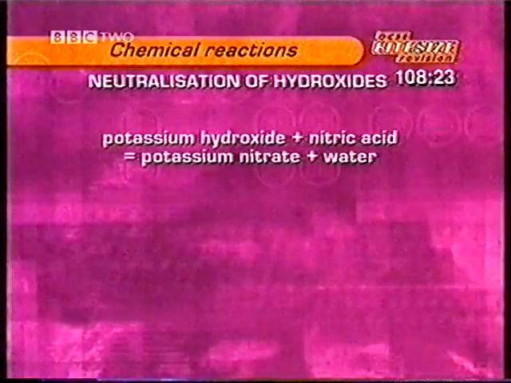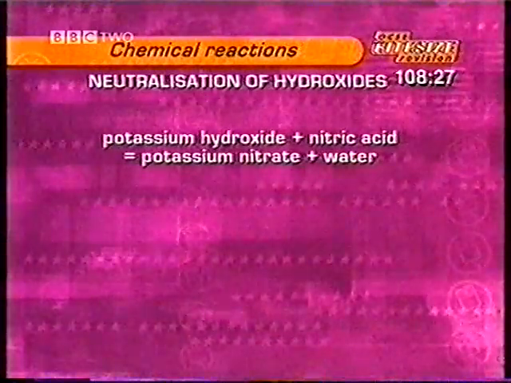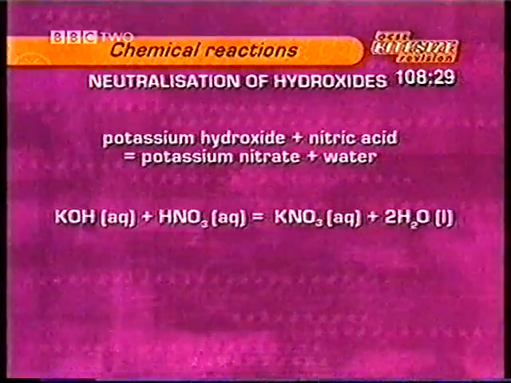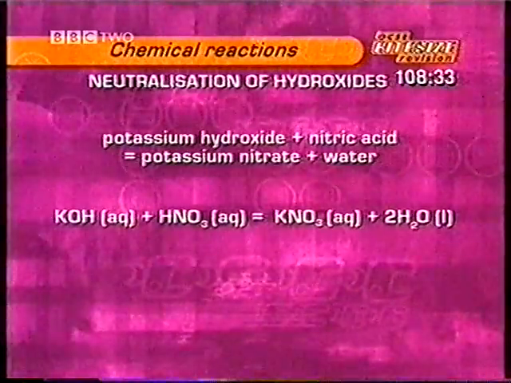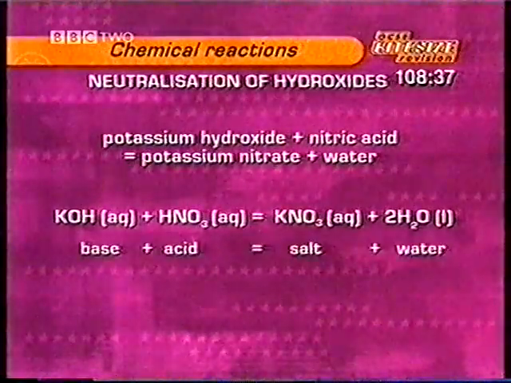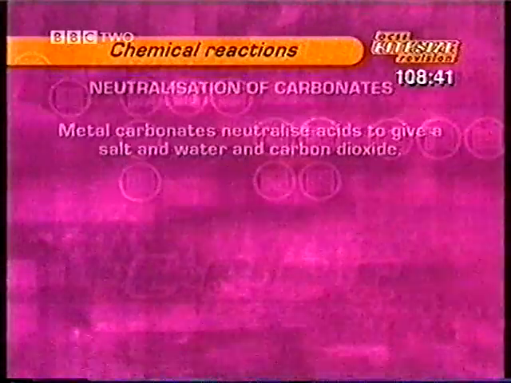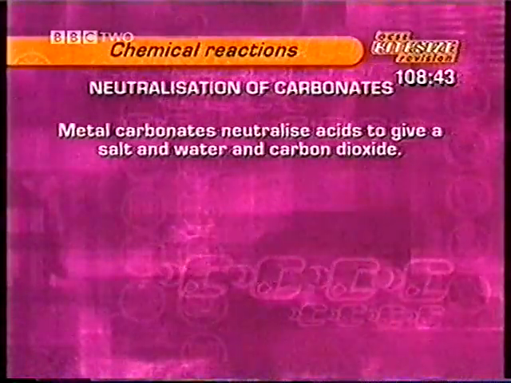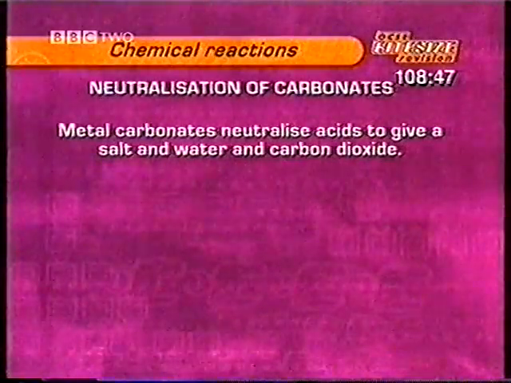Potassium hydroxide and nitric acid gives potassium nitrate plus water. KOH plus HNO3 gives KNO3 plus 2H2O. That's base plus acid gives salt plus water. Metal carbonates neutralize acids to give salt plus water plus carbon dioxide.